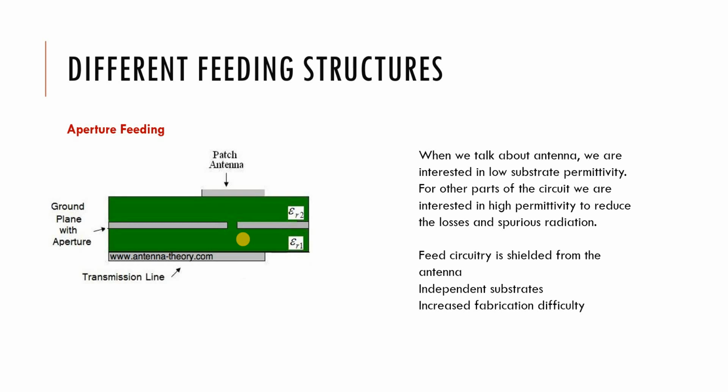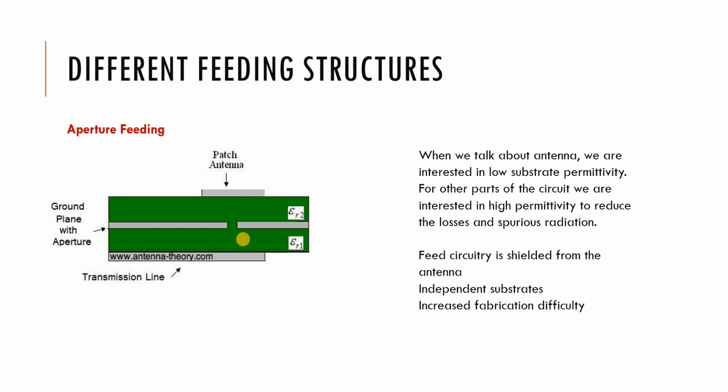I think the advantage of this aperture feeding is that it reduces the undesired radiation of the feeding network, because the feeding structure is shielded from the antenna.